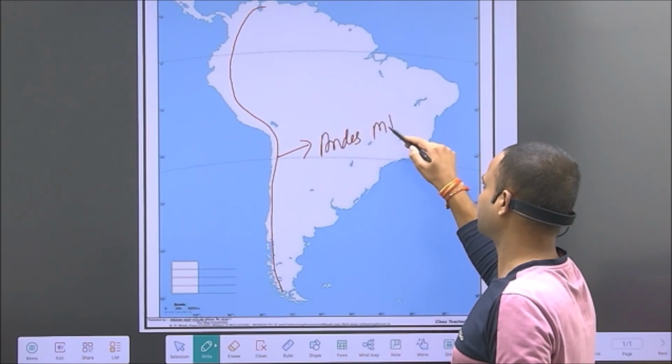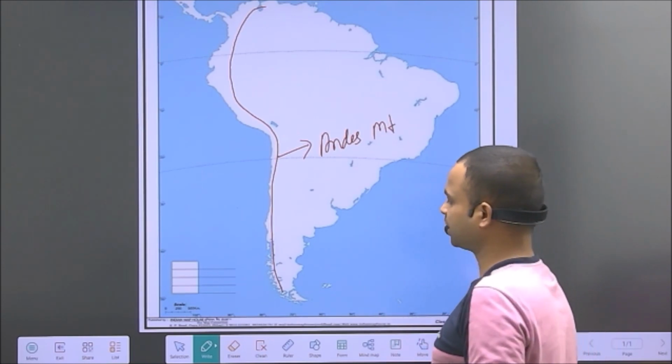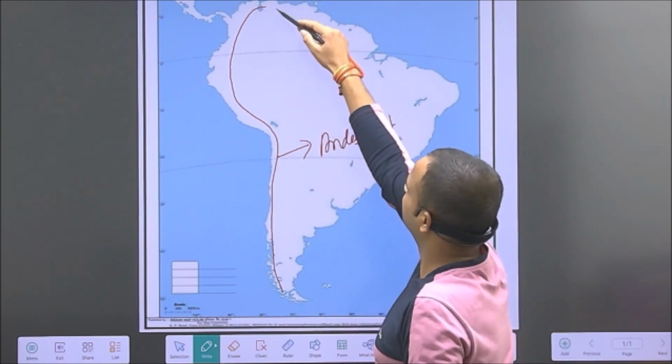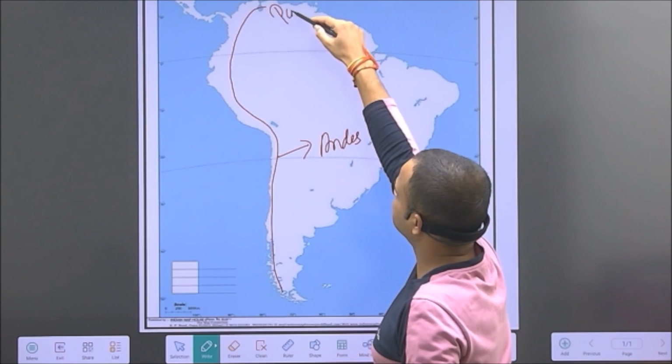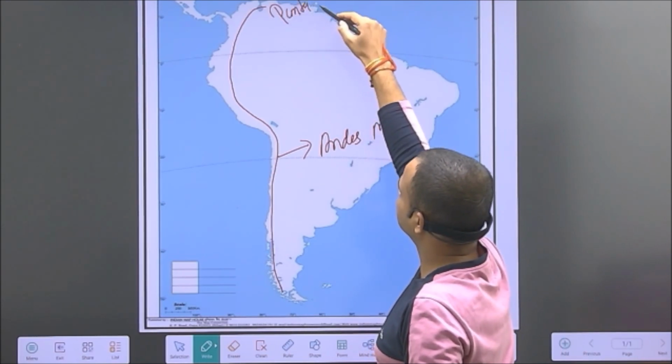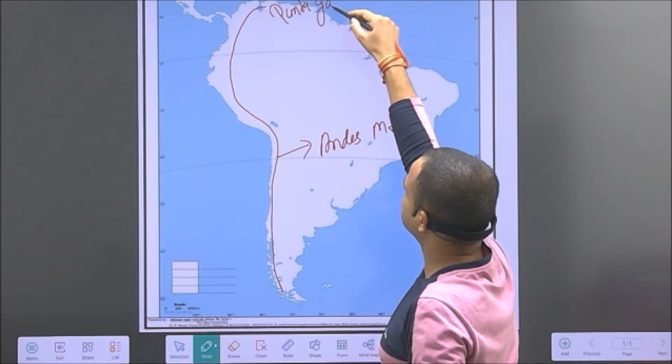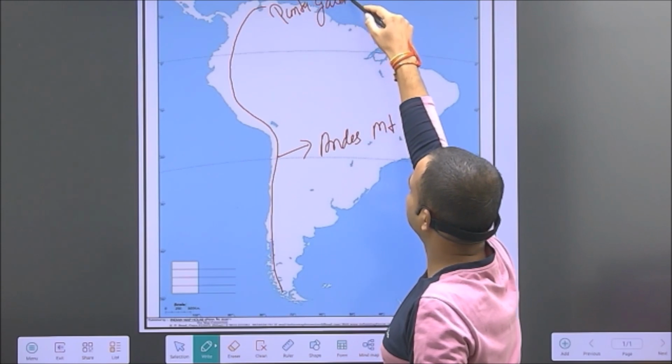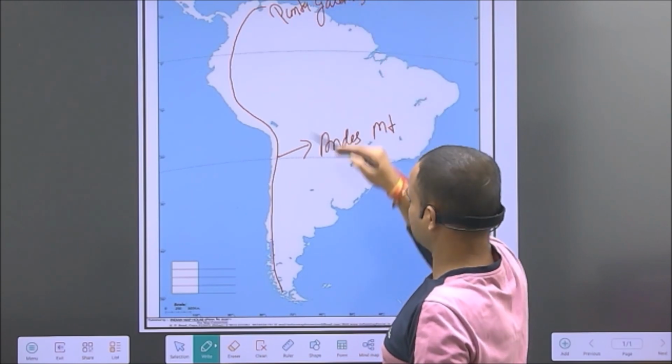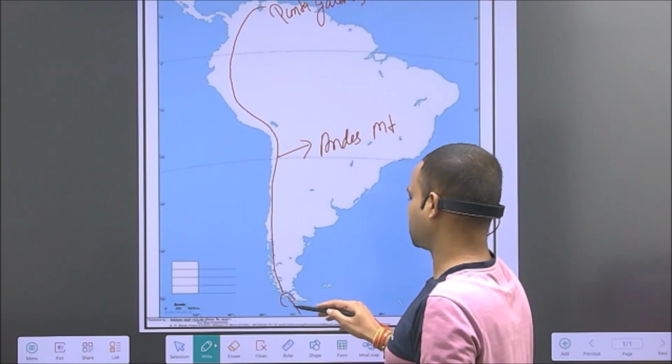Andes mountain is spread from Punta Gallinas to Punta Arenas.